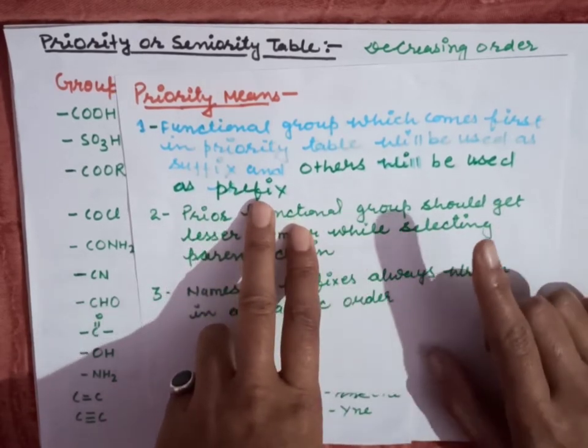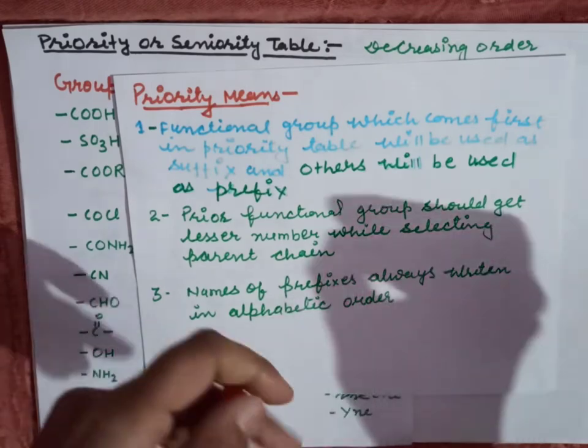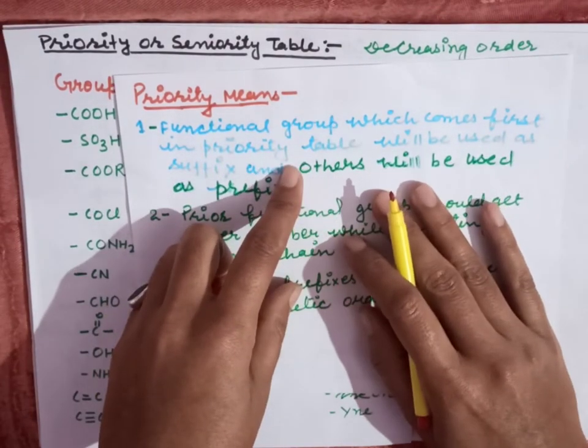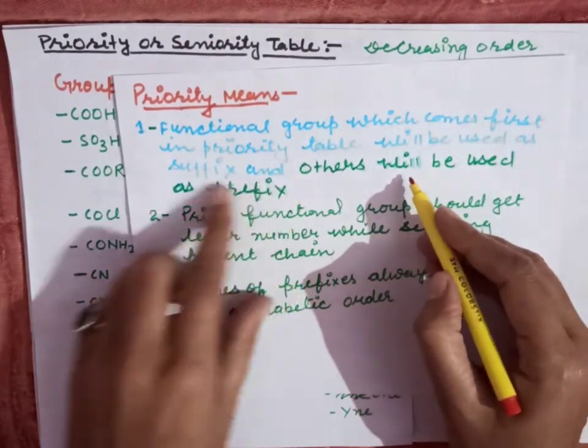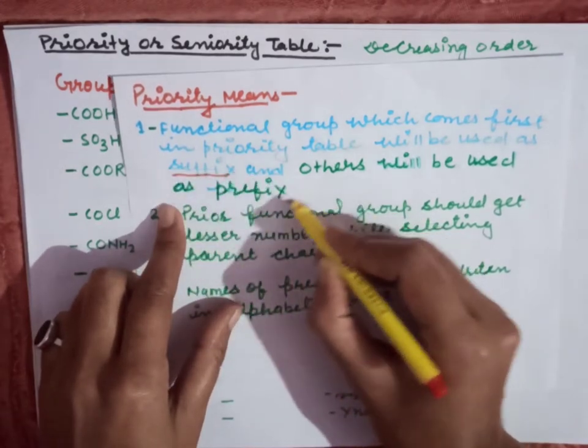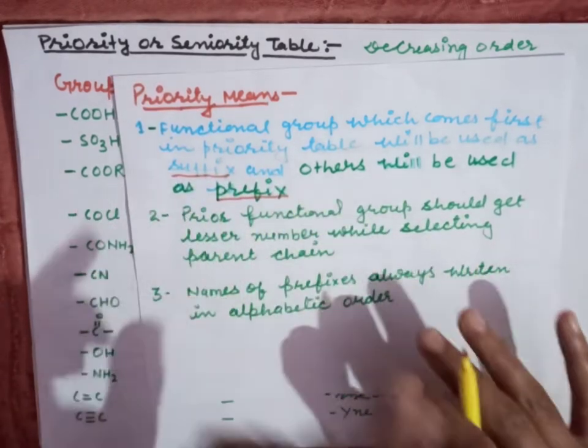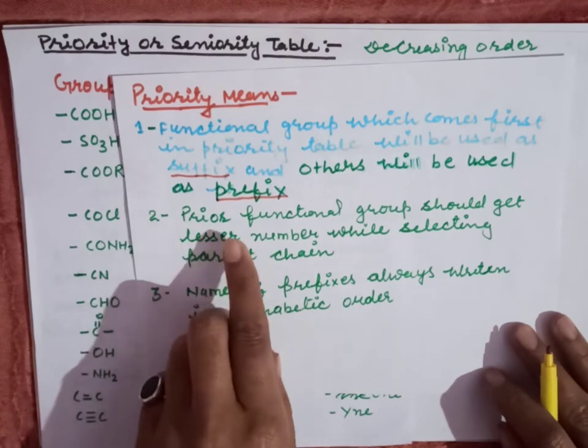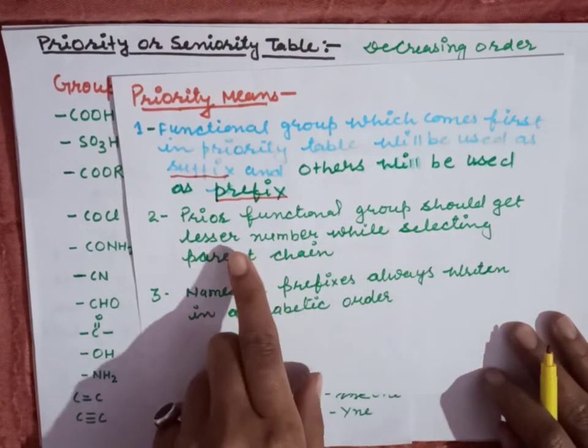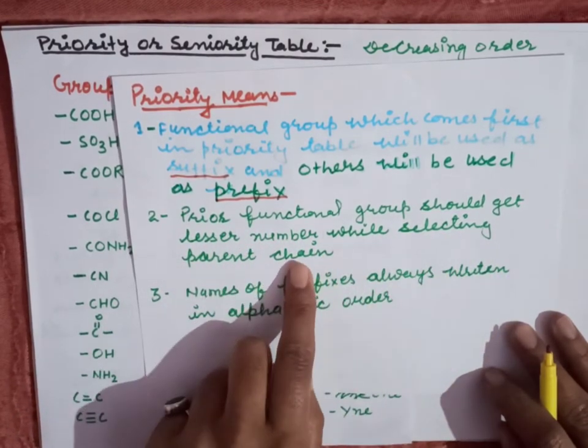First point you have to remember: the functional group which comes first in the priority table is used as a suffix and others are used as a prefix. Next point, the prior functional group should get the lesser number while selecting the parent chain.